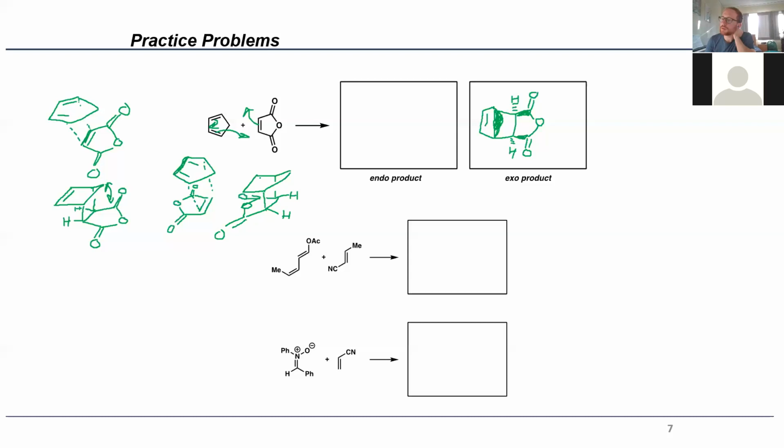Kind of a cramped drawing there, but you see now the bridge is on the same side as the hydrogens, and so now for the endo product, we see the opposite diastereomer.